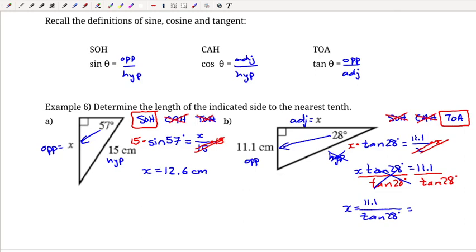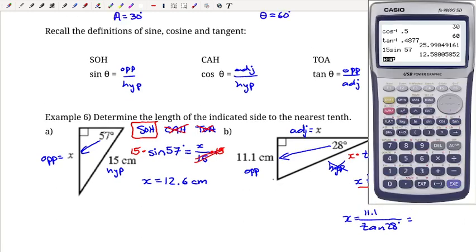Let me pull out my calculator again. 11.1 divided by tan 28, and that tells me my missing side is 20.87, round to 2 or 3 sig figs, so 21 or 20.9. Again, look back at your question, units in centimeters.